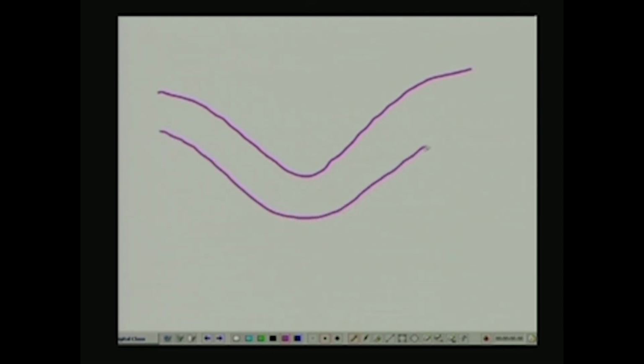Now, let us say we have a configuration where there is layered rock, and what we have here is a fold called a syncline. You recall this from your previous notes.